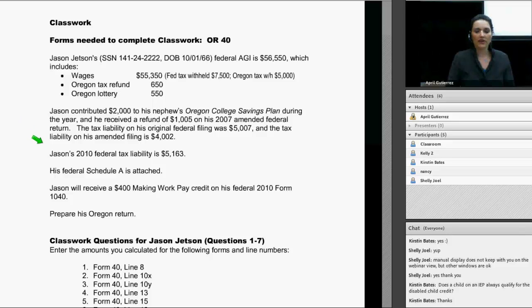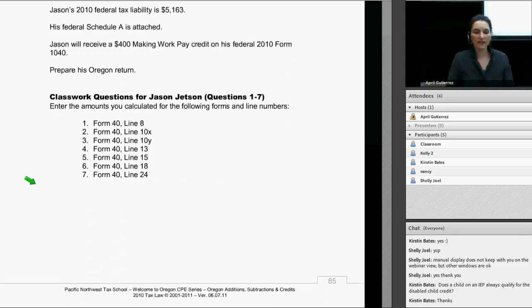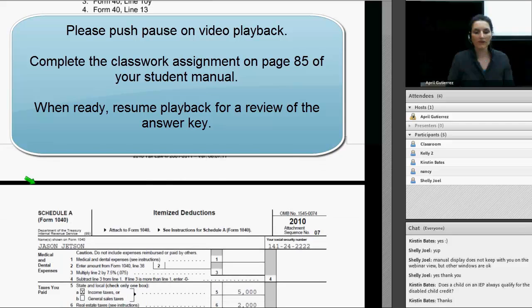The tax liability on his original federal filing was $5,007, and the tax liability on his amended filing is $402. Jason's 2010 federal tax liability is $5,163. His federal Schedule A is attached. He will receive a $400 making work pay credit. Have fun preparing his Oregon return.